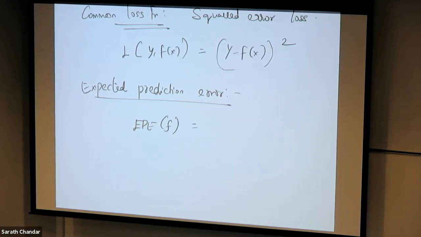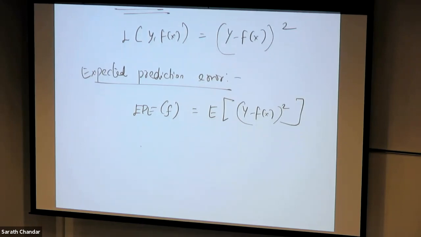So I have a function f, and I want to compute the error of this model. I'm asking you to compute the expected prediction error, which means what would be the prediction error given that the data comes from this distribution. So this is expected y minus f of x the whole square. Now this expectation is with respect to the data distribution.